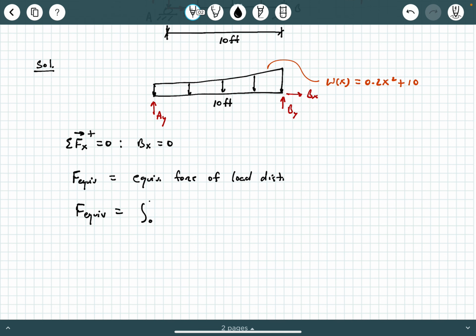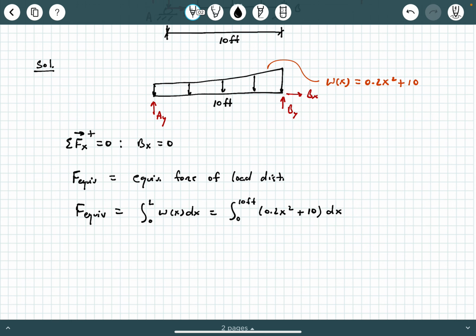That's going to be the integral from 0 to L of W as a function of x dx. So for our problem, that's going to be the integral from 0 to 10 feet of 0.2 x squared plus 10, and of course, that function has units of PLF, dx, okay?